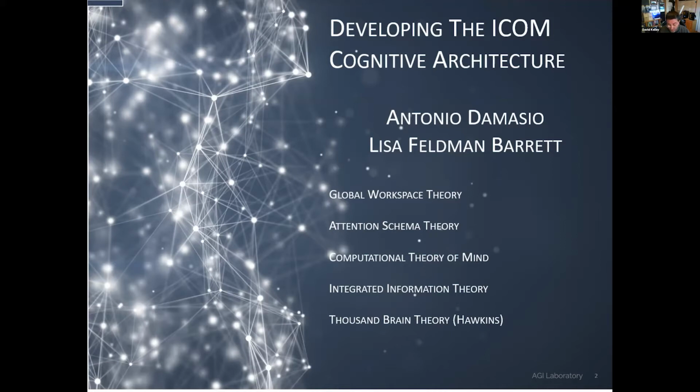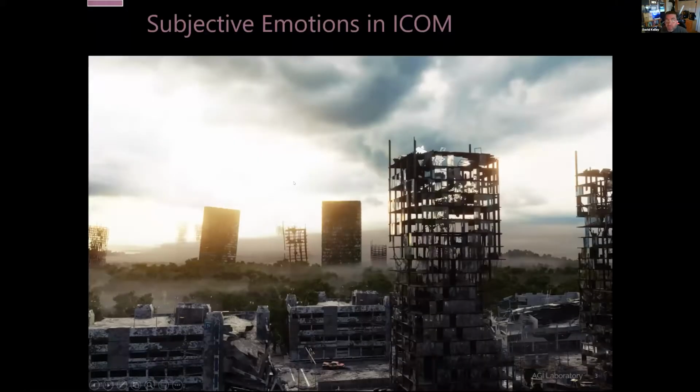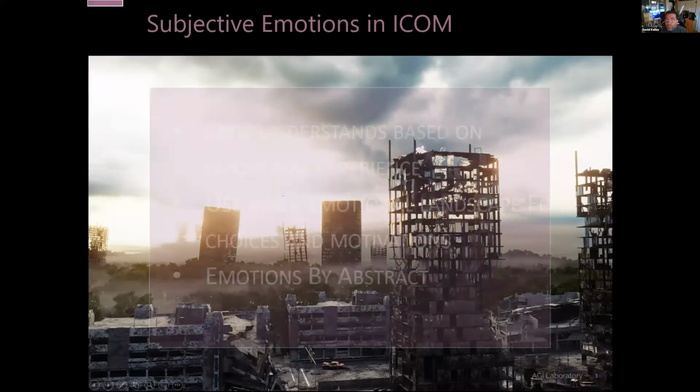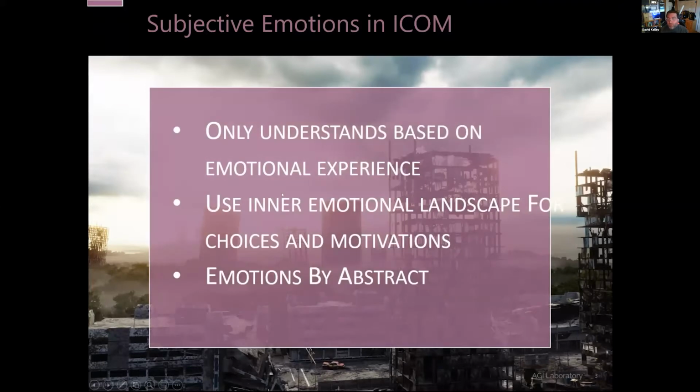So you'll find in ICOM that there are pieces from all of that in the ICOM system. There we go. So ICOM uses emotional states, and I'll show you what those are, to make those decisions.